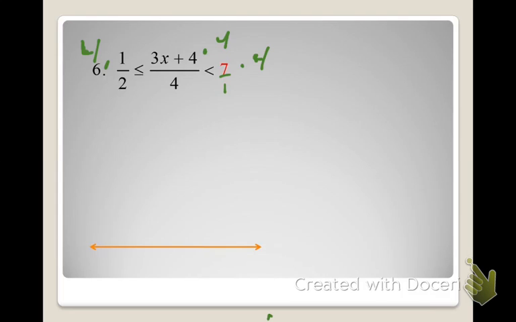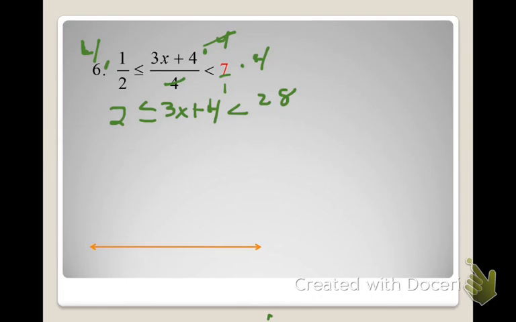Okay? When we do that, 4 times 1 is 4, divided by 2 is 2. Now, in the middle, it's a little weird, but we have a 4 in the denominator and a 4 in the numerator, so I'm just going to divide them out, and we're left with just 3x plus 4. And 7 times 4 is 28.